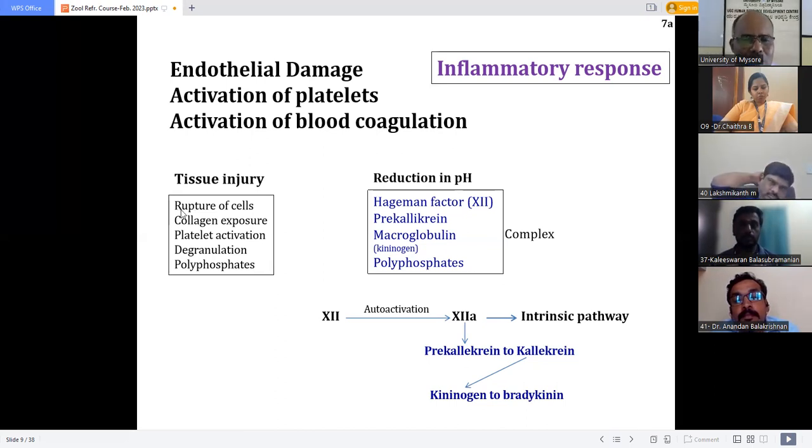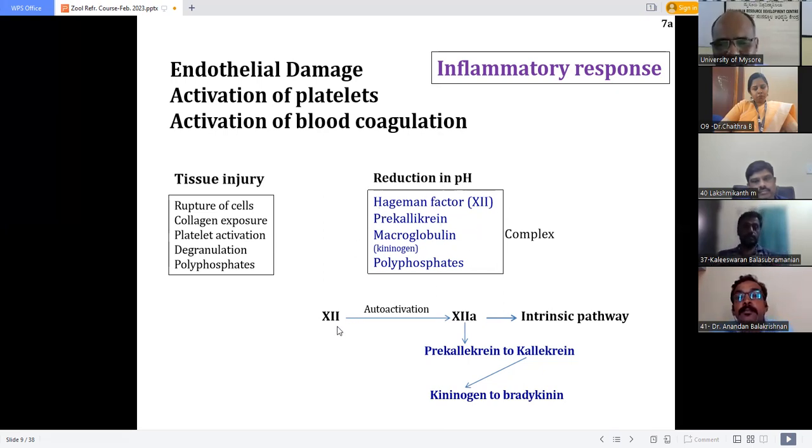Okay. See, and also ruptured cells. When there is damage, cells will rupture. As a result, in that local milieu, there is a drop in pH. The reduction in pH is responsible for Hagemann factor 12, prekallikrein, macroglobulin, and polyphosphate, this complex, to get activated. They form a complex.